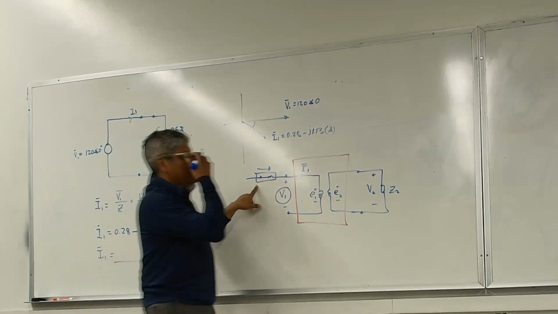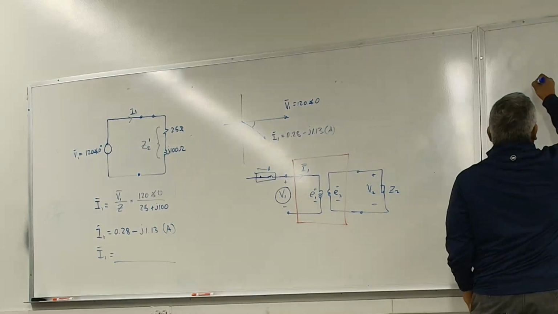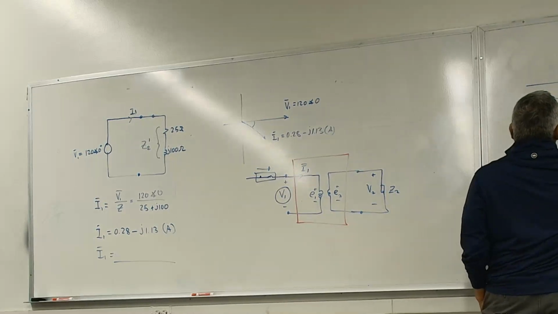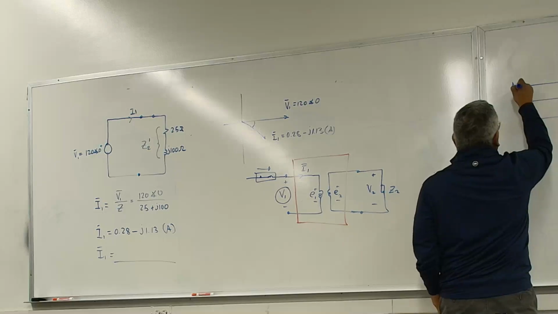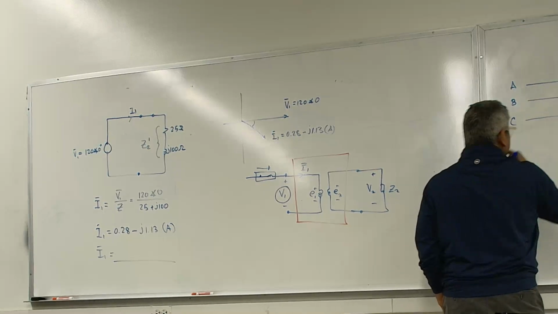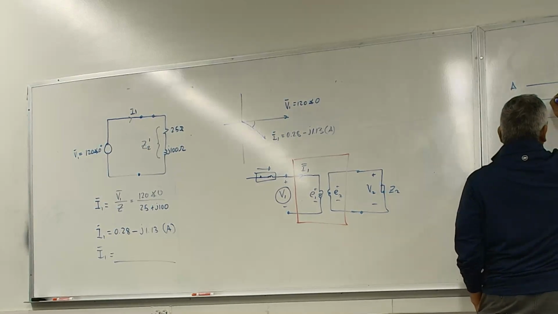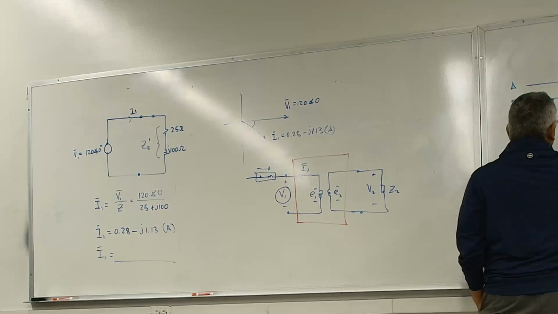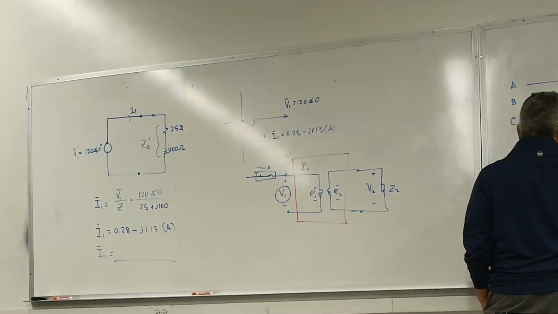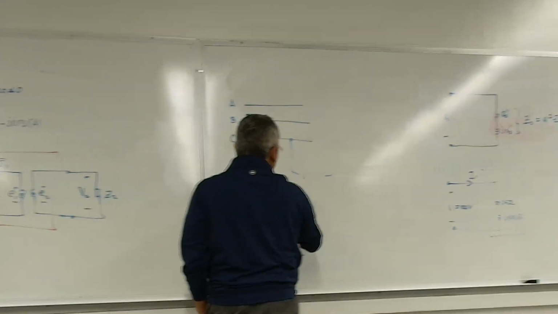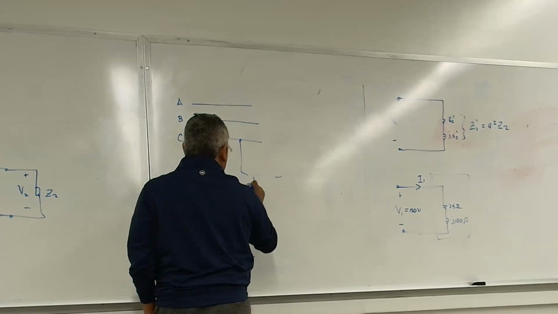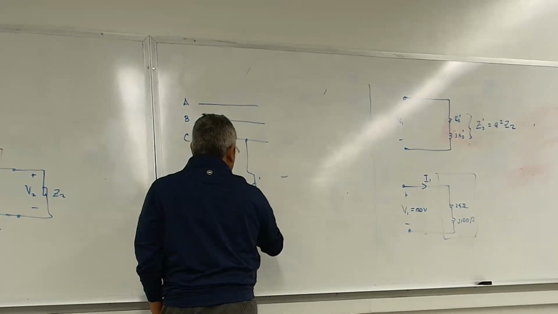Let me draw it this way. So here is the distribution line, A, B, C. And somebody says to you, hey, I have a transformer connected right here, and here's the transformer. Okay?